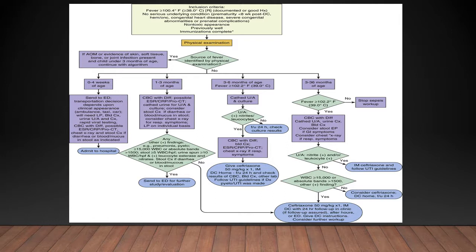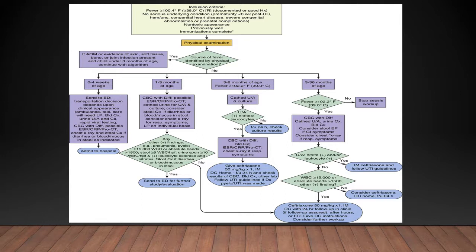If the source of the fever is not identified by physical exam, then you proceed to these 4 different options based on age. So if the child is 0 to 4 weeks of age and the source of the fever has not been identified by physical exam, the child will need to go to the hospital for complete sepsis evaluation and admission.